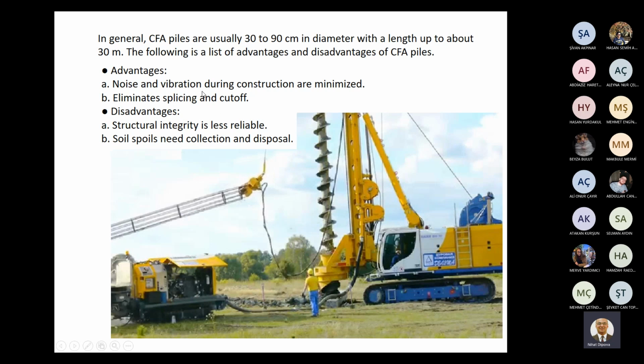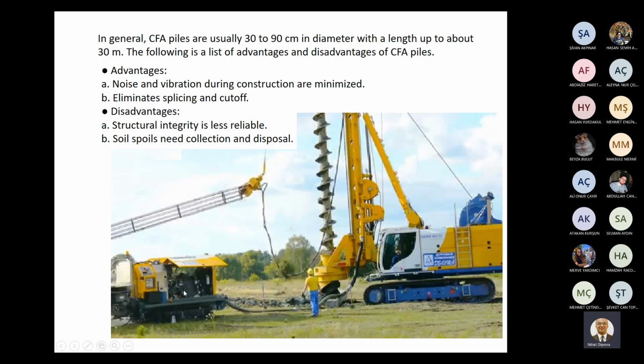Noise and vibration during construction are minimized because we are not hammering. We are just drilling and concreting. The noise comes only from the engines of these machines, or maybe the concrete pump.